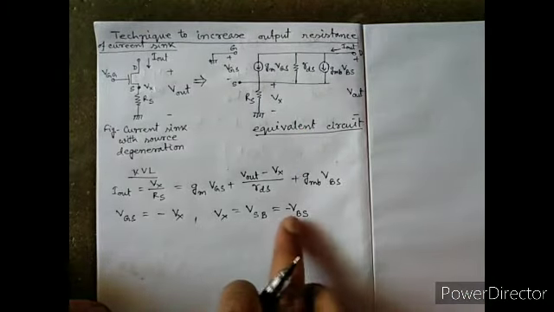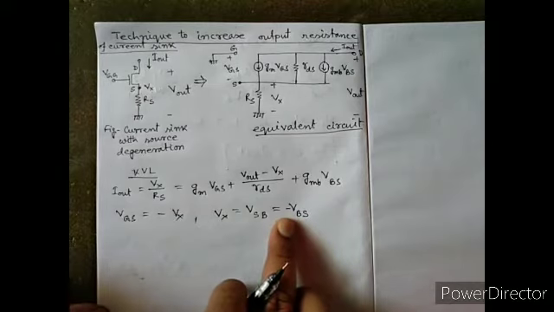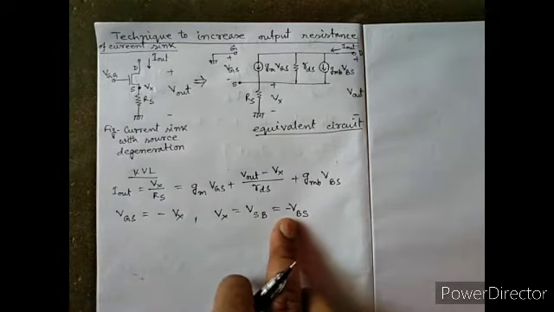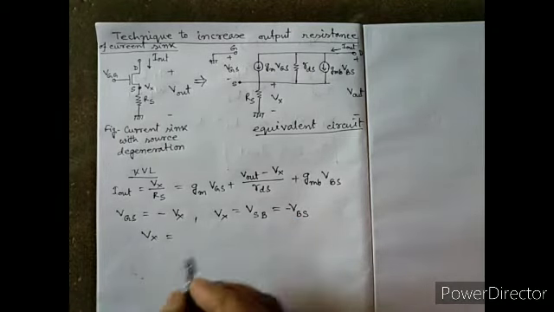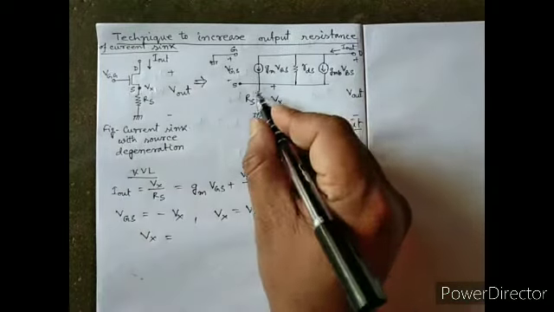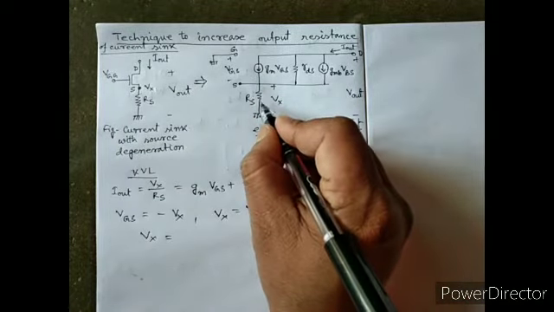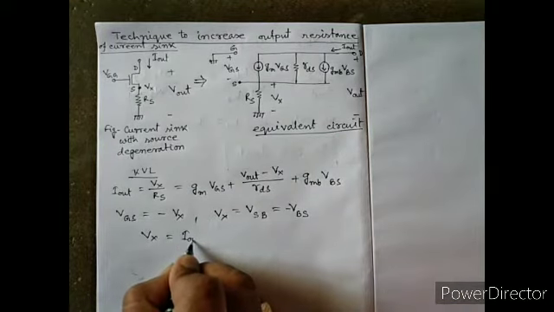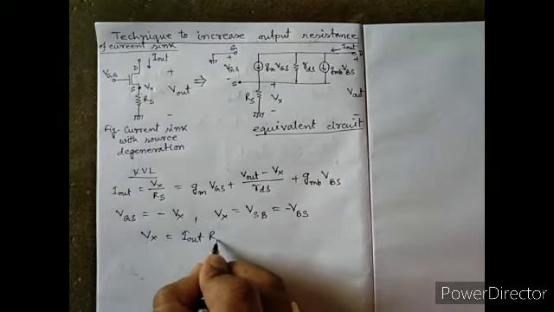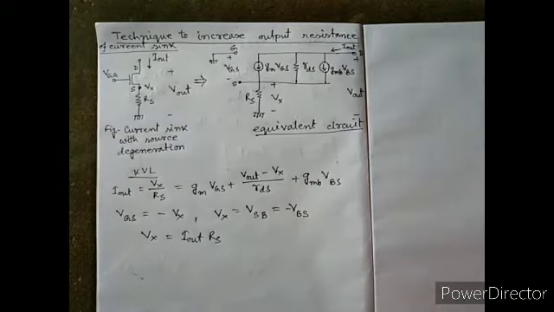If we change the sign, then it will be negative VBS, so Vx equals minus VBS. Also Vx equals the current passing through RS times RS, so Vx equals I out into RS.